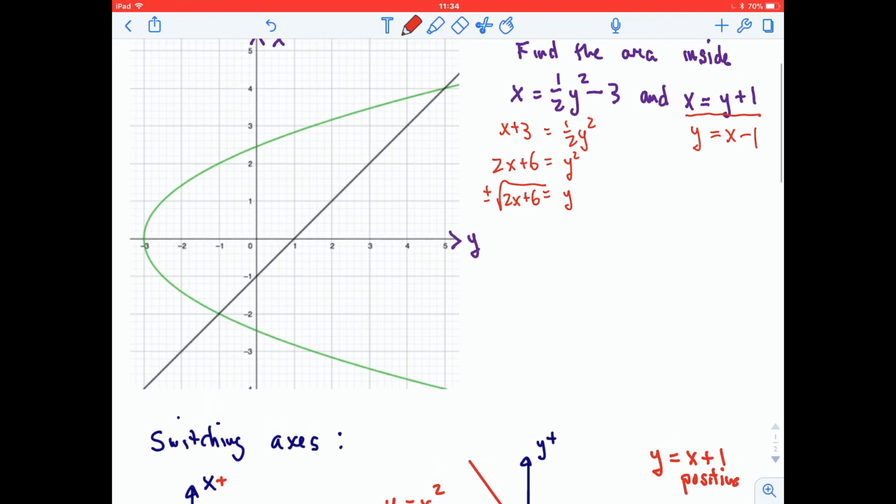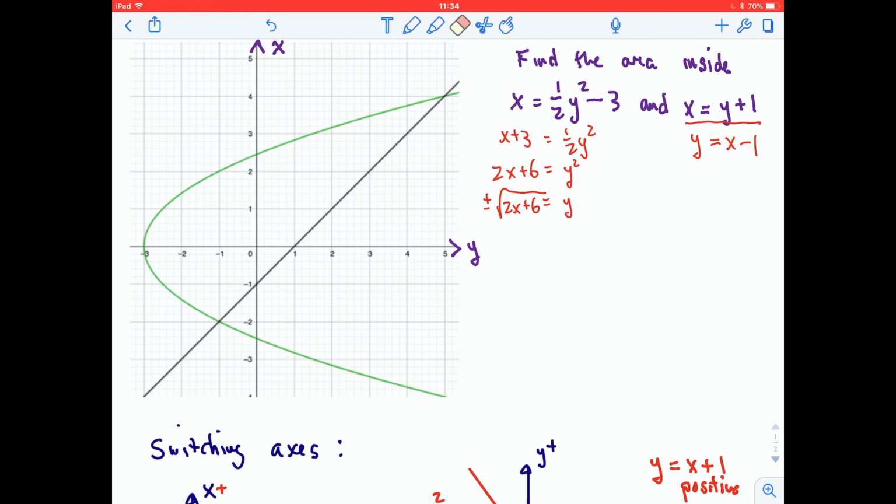Okay? But if we can think about the graphs in this new rotated way, here is why this makes things much easier. Since this is y, and since this is x, we can again use the concept of top function minus bottom function for this region. We're trying to find the area inside all of this. And so we can think about a single strip drawn between these two graphs.